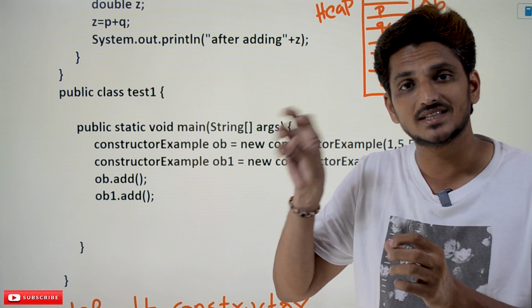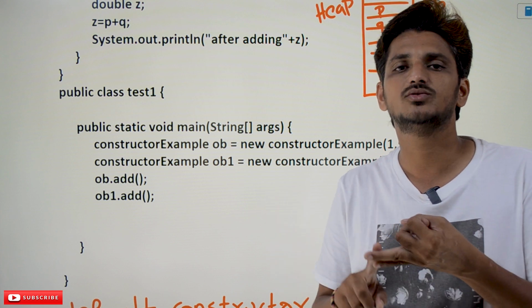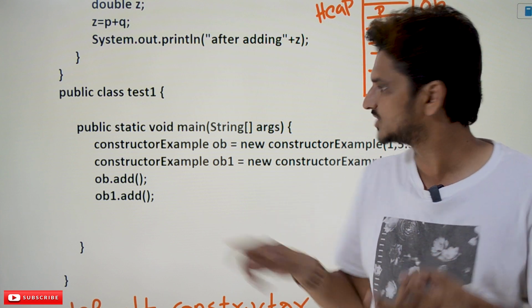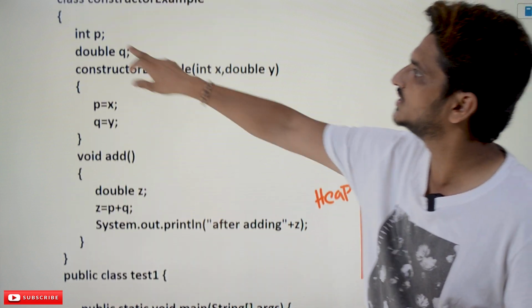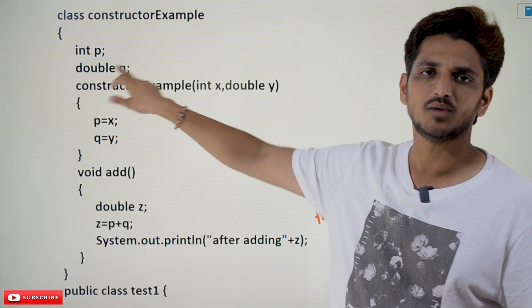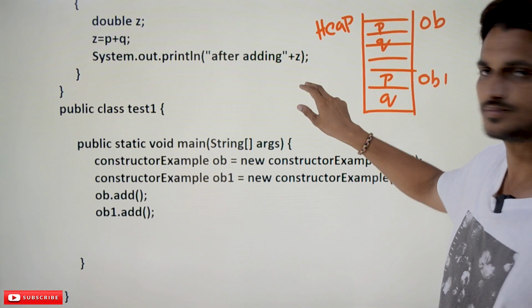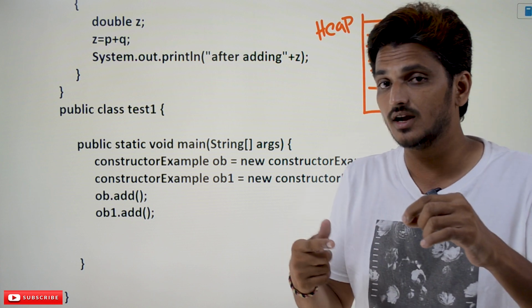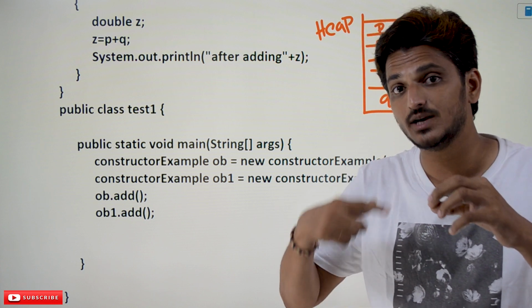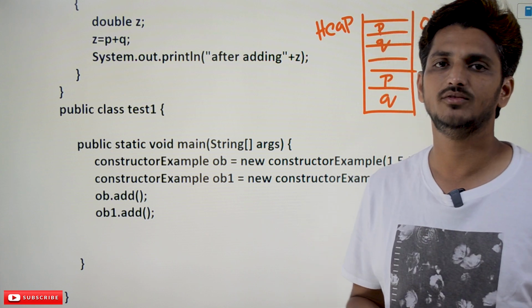What happens when we define an object? Some memory space is assigned to the object. How much space is assigned? For instance variables. How many instance variables are there for this class? Two instance variables, int p, double q. Int needs 4 bytes, double needs 8 bytes. Total 12 bytes are going to be assigned. Where are objects assigned memory space? In the heap. These discussions were made in our previous class.